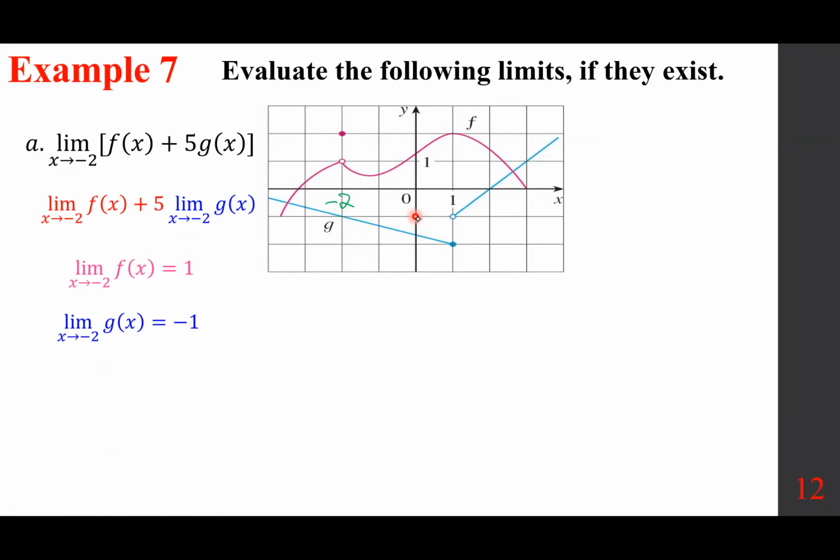So a quick recap: for the red graph at -2, we are going this way and this way. For the blue one, we are going this way and this way, and they both have a limit. So you plug in 1 here, plus 5 times -1, and the result is negative.